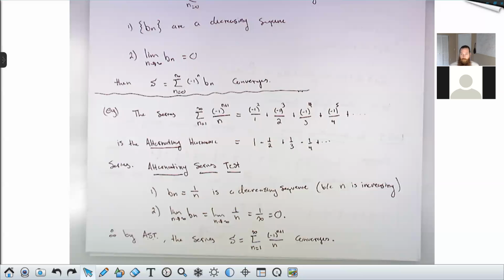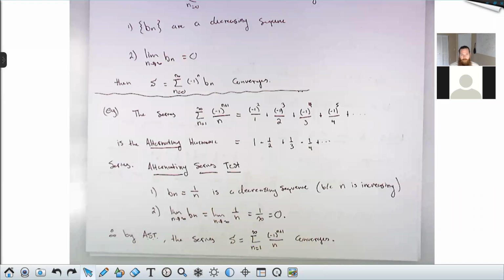You just have to show that the b_n's, the positive, non-alternating part of your series, decrease to 0. As long as that's the case, then the alternating series will converge. So it's much easier for an alternating series to converge than for a series of all positive terms to converge.